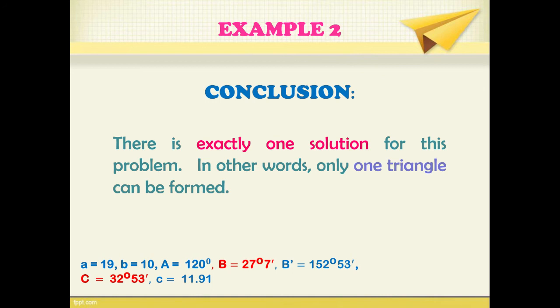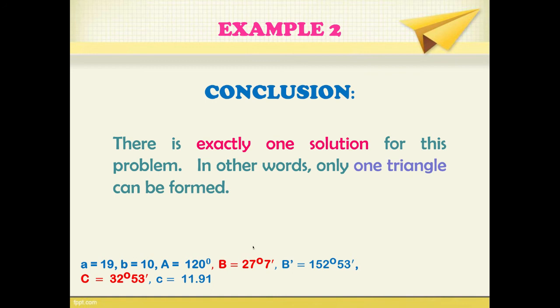So, we were able to solve for that one triangle here. And that triangle which we were able to solve is that triangle having side A equal to 19, side B equals 10, side C equals 11.91, angle A of 120 degrees, angle B of 27 degrees 7 minutes, and angle C of 32 degrees 53 minutes.